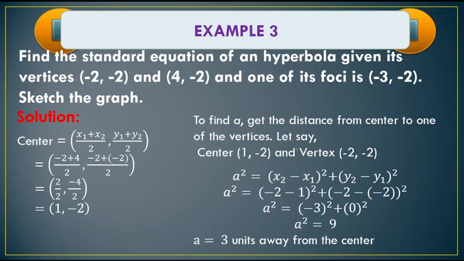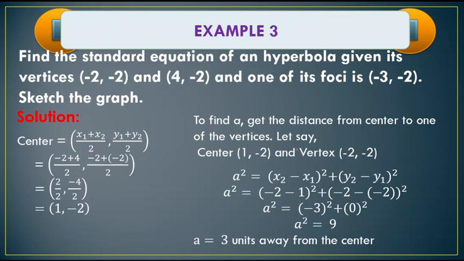Sunod natin kukuhanin ay si C muna. Hindi pa natin makukuha si B kasi si B, nakukuha natin yan mula sa distance ng center papunta sa co-vertex natin. Since walang point na binigay patungkol sa co-vertex, hindi natin agad siya makukuha.